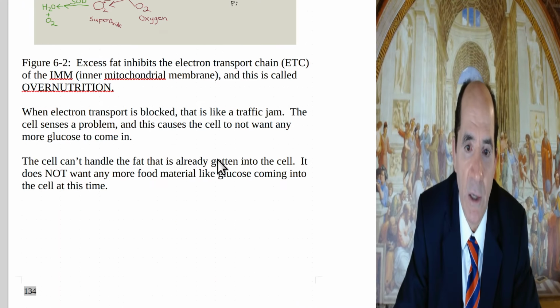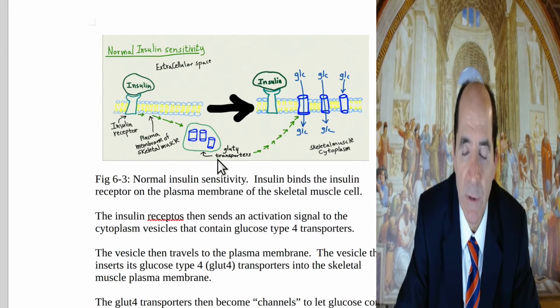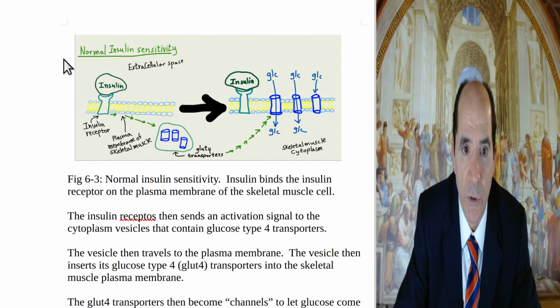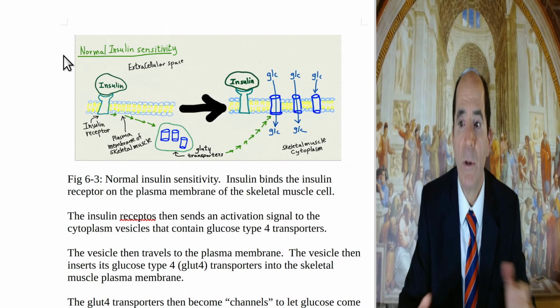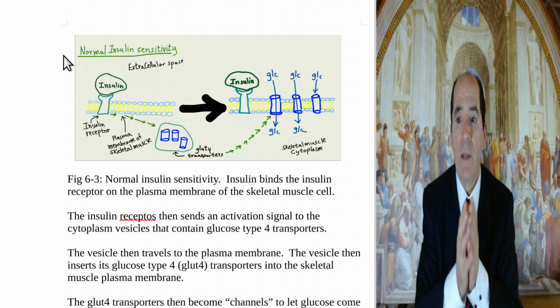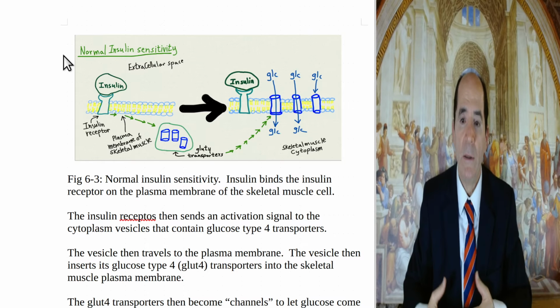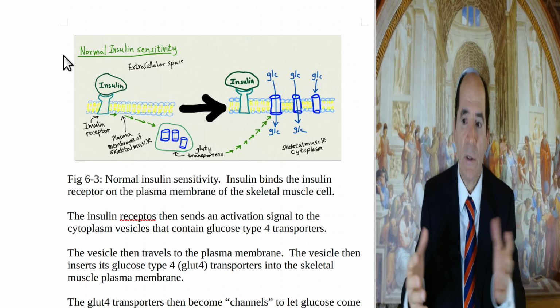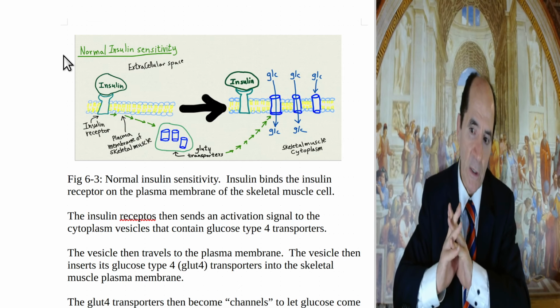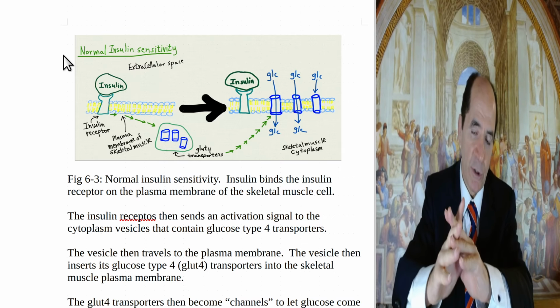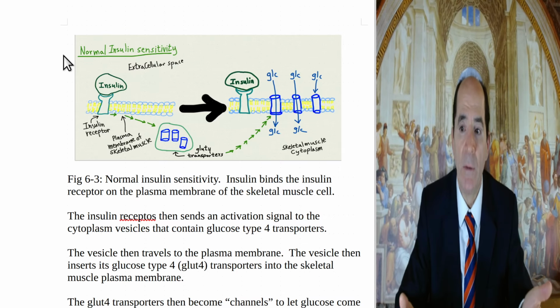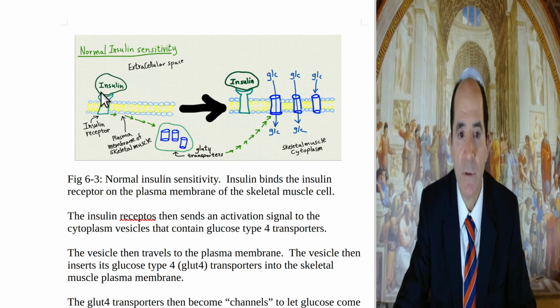Okay, then you next ask yourself, well, why do things get messed up? First of all, let's take a look at normal insulin function. Normal insulin, your blood gets glucose into it, and then it comes up through your portal vein. Your pancreas, your liver sense it. The insulin released from the pancreas is increased to compensate for the elevated blood glucose level. It travels to the skeletal muscle.